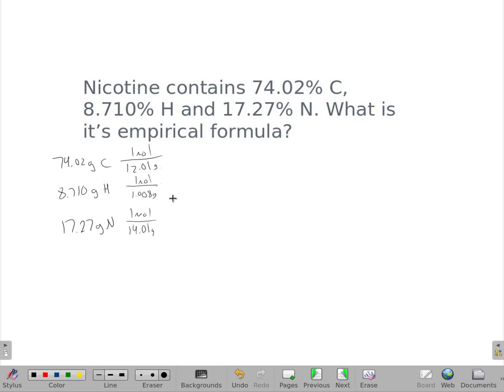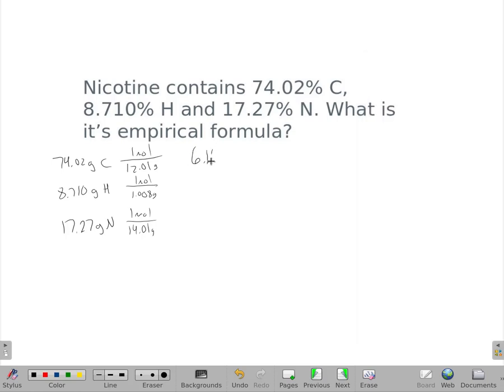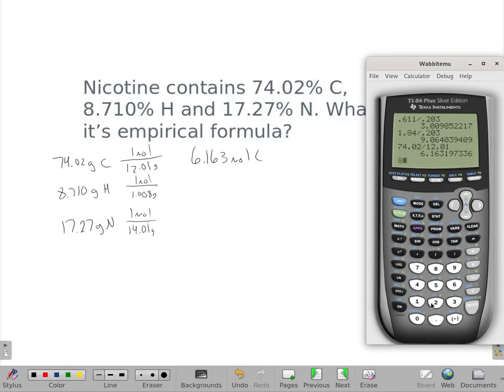Let's see what we get here. 74.02 divided by 12.01 is 6.16. Well, 6.163. And 8.710 divided by 1.008 is 8.641.